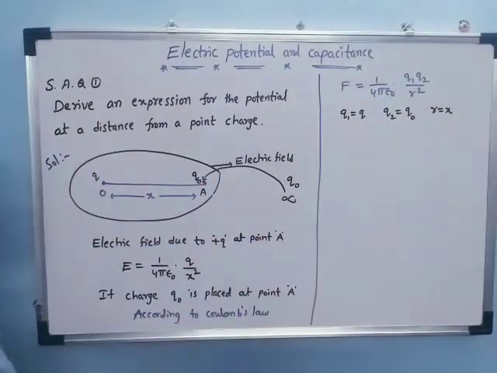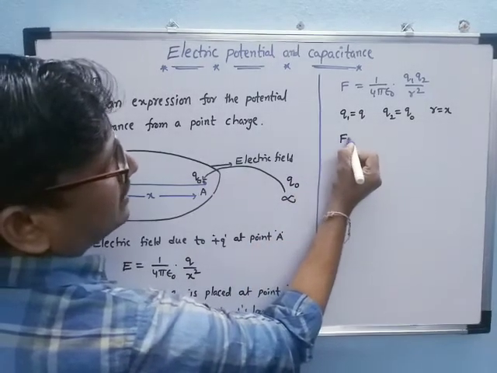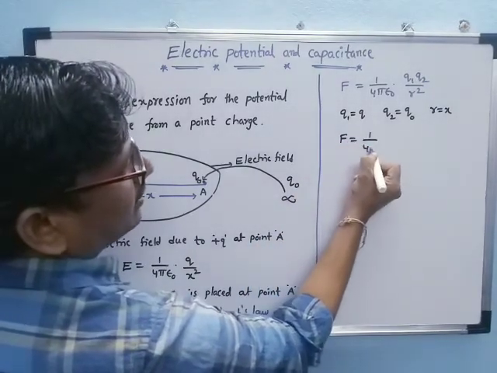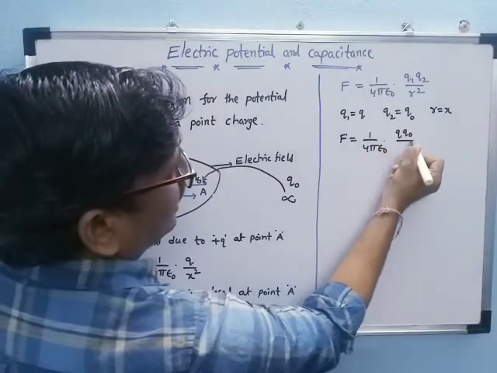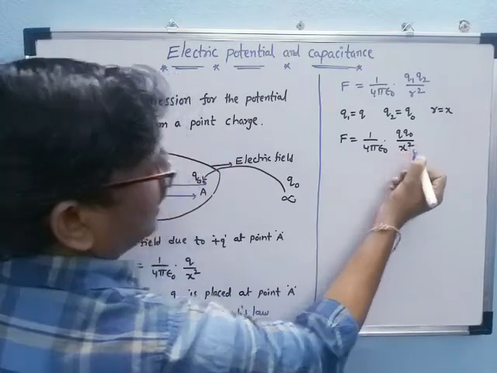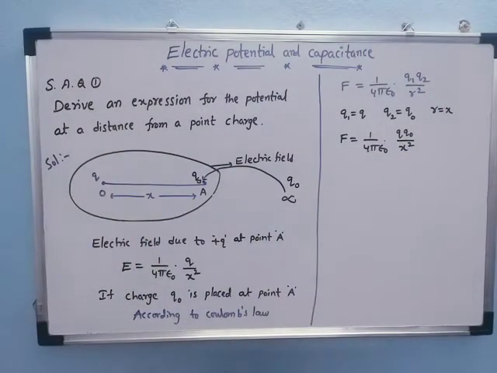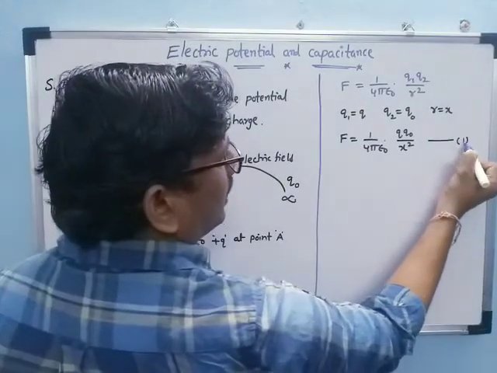Substituting these three values in the above equation, we get F is equal to 1 by 4 pi epsilon naught, q q naught by x square. This is equation number 1.